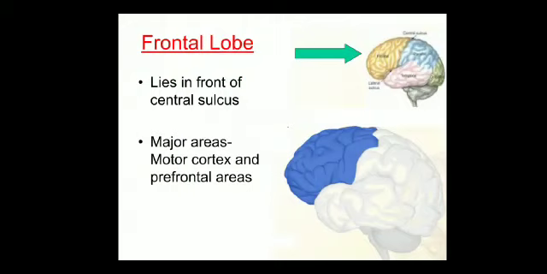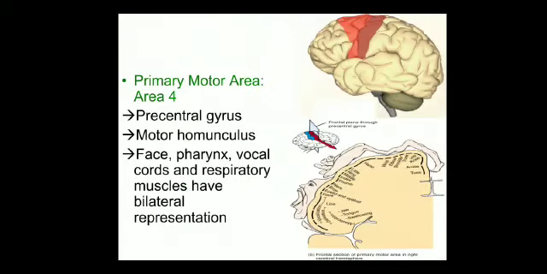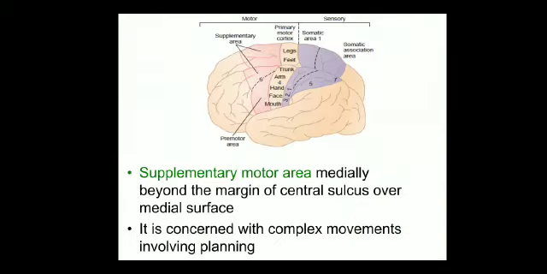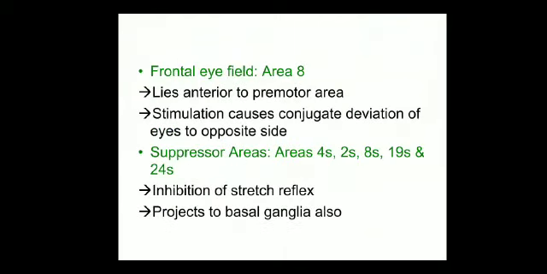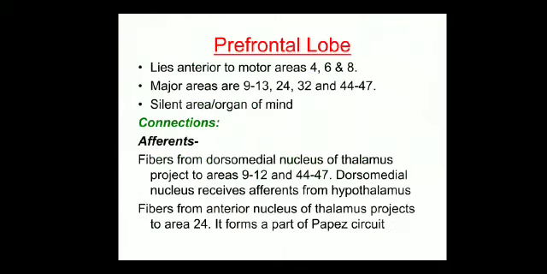The motor cortex is already dealt with, and I will be telling about the prefrontal cortex. The prefrontal lobe is also called the orbitofrontal region. This lies anterior to the motor areas 4, 6 and 8.